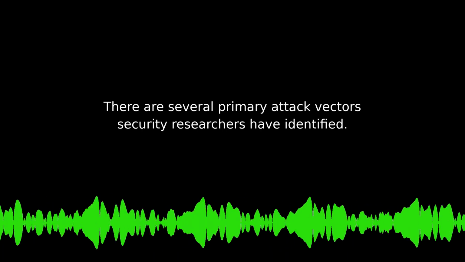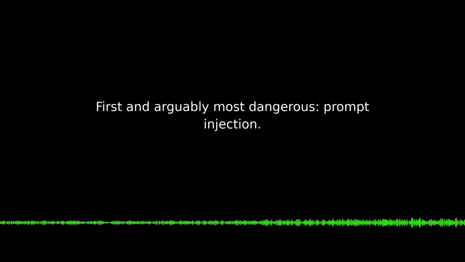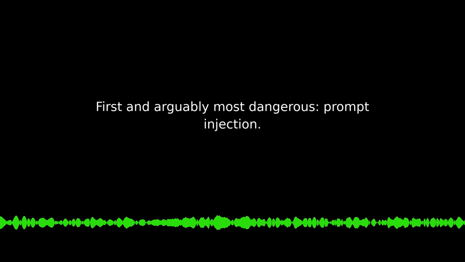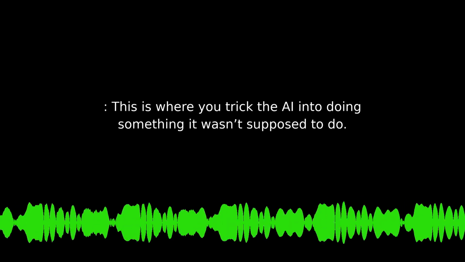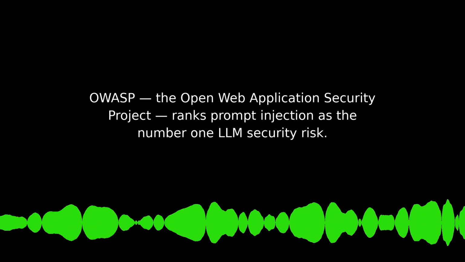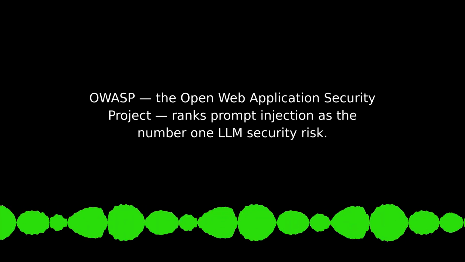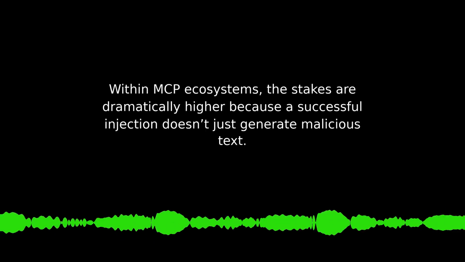There are several primary attack vectors security researchers have identified. First, and arguably most dangerous, prompt injection. This is where you trick the AI into doing something it wasn't supposed to do. Correct. OWASP, the Open Web Application Security Project, ranks prompt injection as the number one LLM security risk.